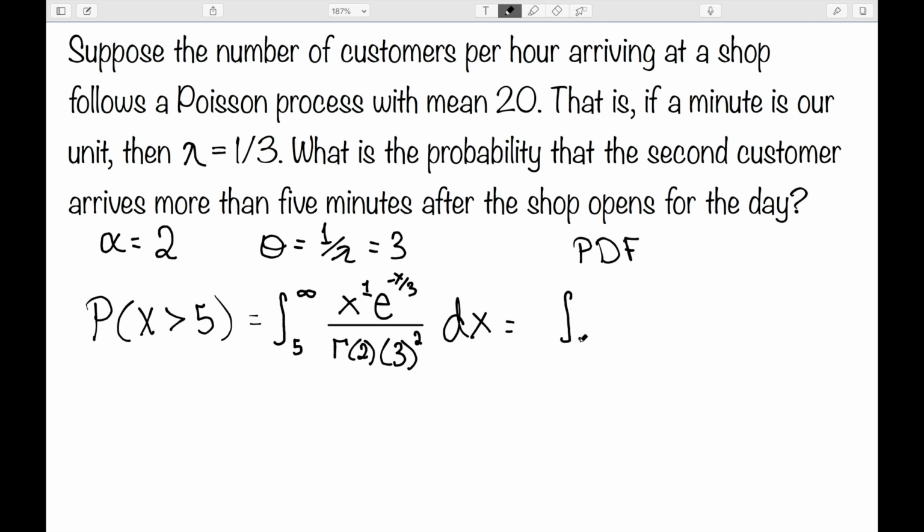Well, I can simplify this, the integral from 5 to infinity of x e^(-x/3), and if I work out the denominator, I get 9.